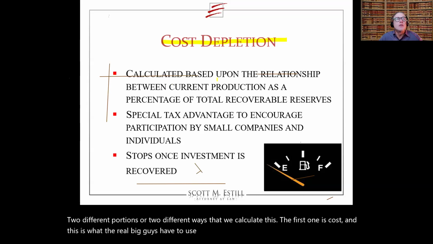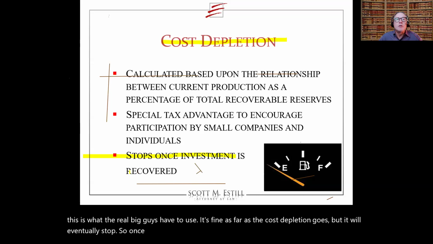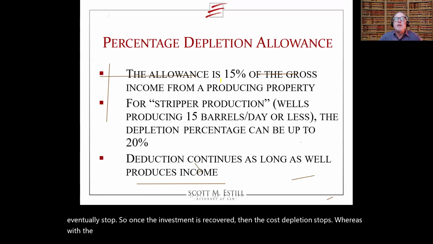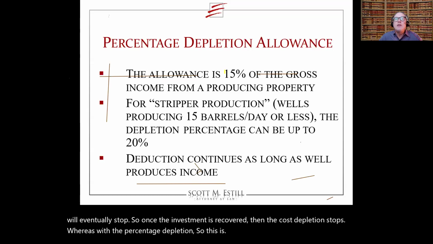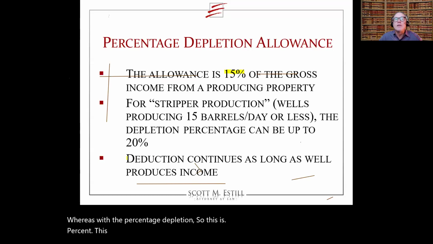It's fine as far as the cost depletion goes, but it will eventually stop. So once the investment is recovered, then the cost depletion stops. Whereas with the percentage depletion, this is 15%, and this continues for as long as the well produces income.